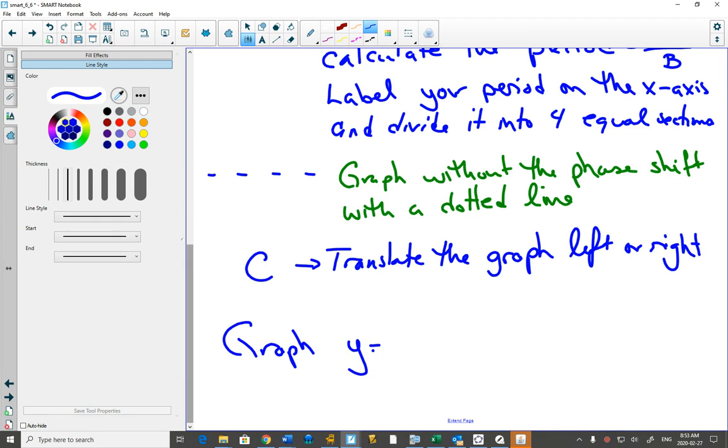Graph y equals 3 cos 2, I'll have it in factored form, (x minus pi over 4) plus 1. So here's our first graph.